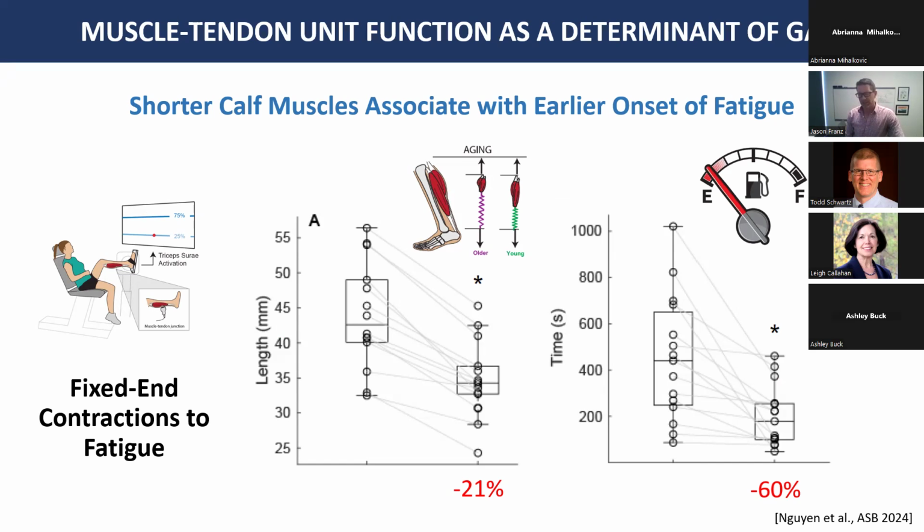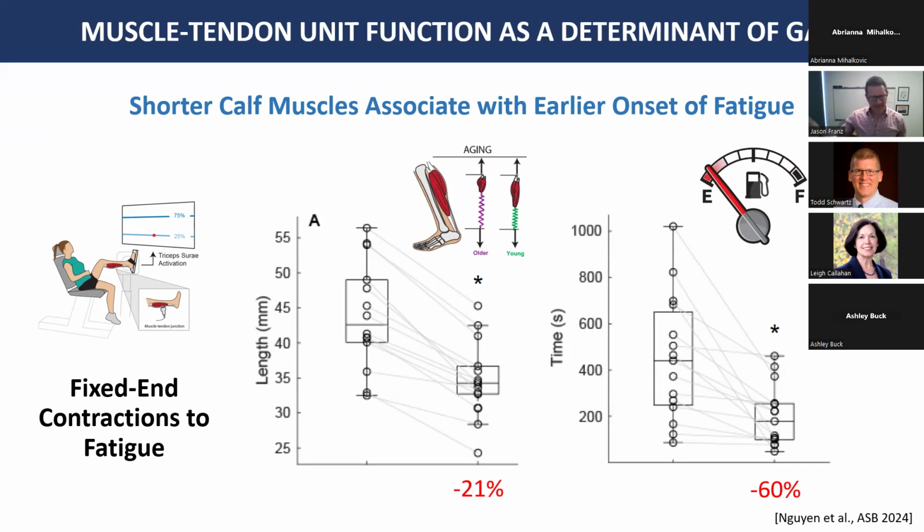These are data we just finished collecting and analyzing about, again, a month ago, which shows that if you take a person and, in a controlled experiment, take them to fatigue, you have them do that task at shorter lengths versus longer lengths. The longer lengths are on the left of these two, the shorter lengths on the right. And shorter lengths yield about 60% earlier onset of muscle fatigue.